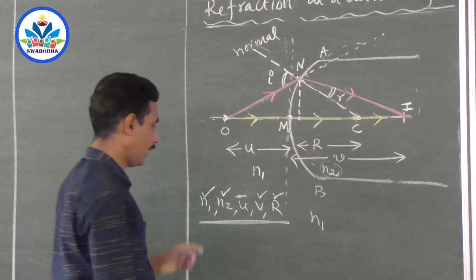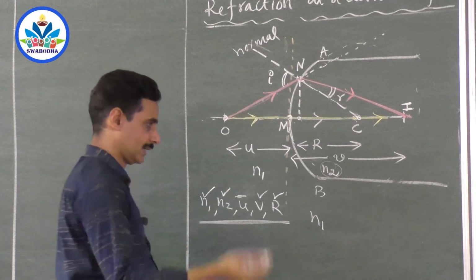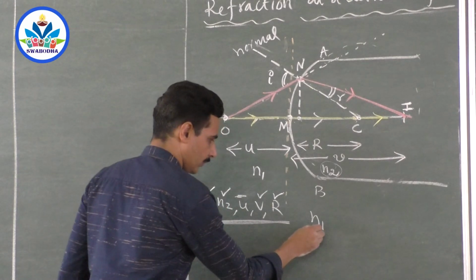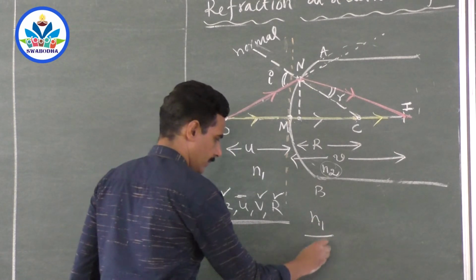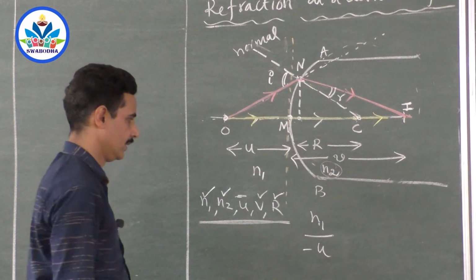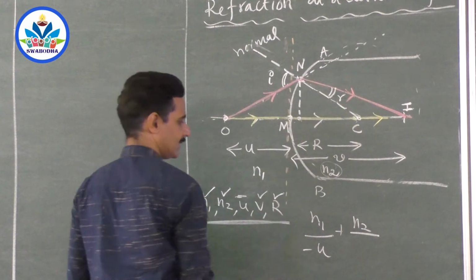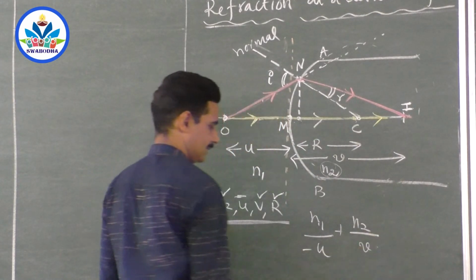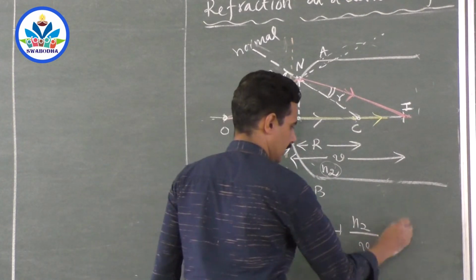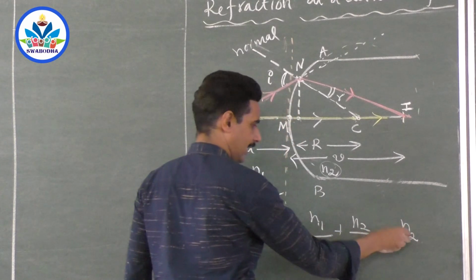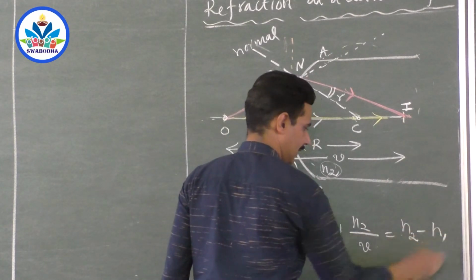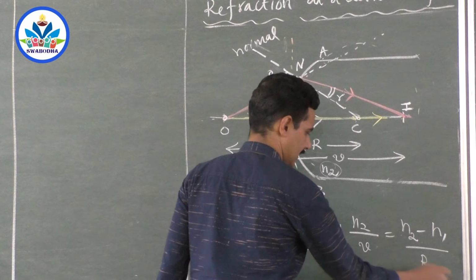Okay, now the formula goes like this. Final answer: refractive index of the medium where incident rays are present divided by negative of the object distance, plus refractive index of the medium where refracted rays are present divided by image distance, is equal to refractive index of the medium where refracted rays are present minus that where incident rays are present, divided by radius of curvature.